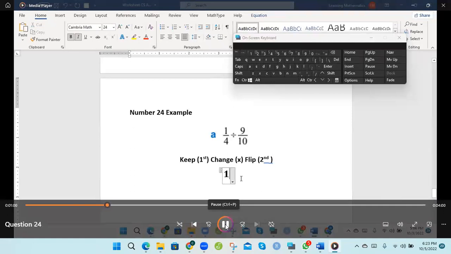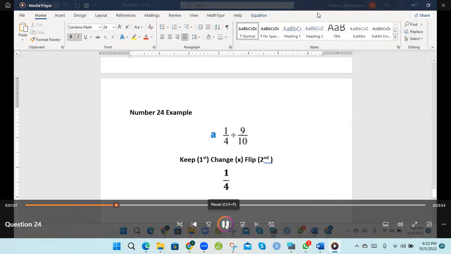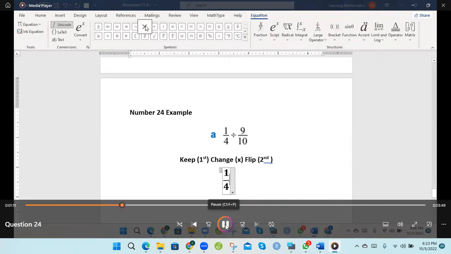So we're going to have 1 over 4 times 10 over 9.